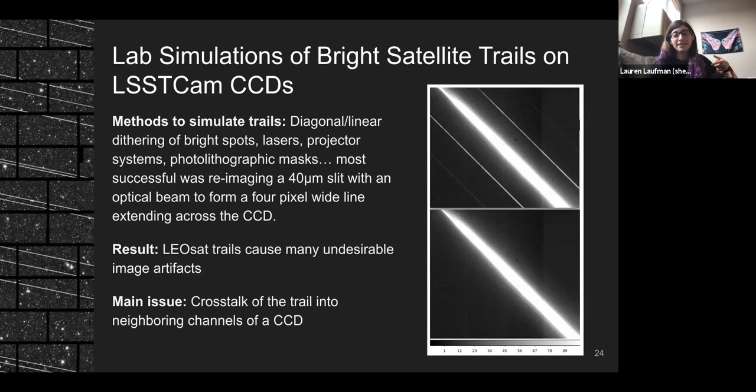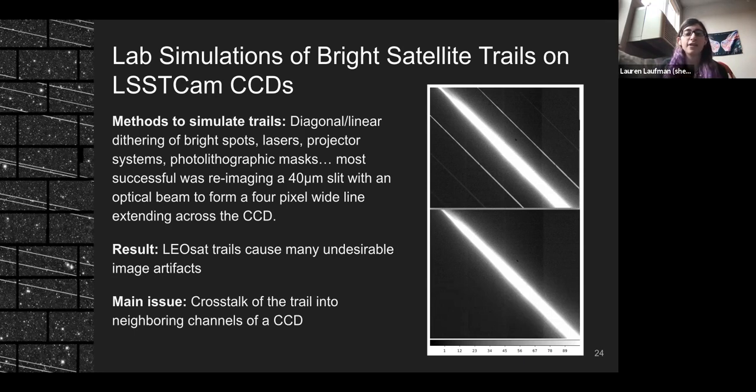But anyways, next up is some lab simulations of these bright satellite trails on the LSST camera's CCDs. So they actually picked up the camera from LSST and were like, let's shine lasers in it. Let's do all this other stuff to test how it would actually affect LSST's very specific electronics, because this was an LSST case study.